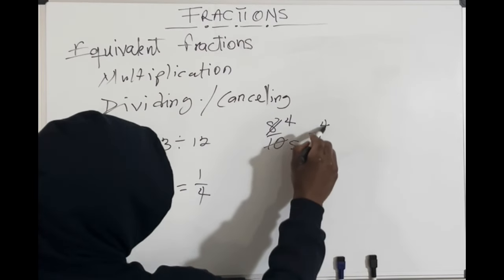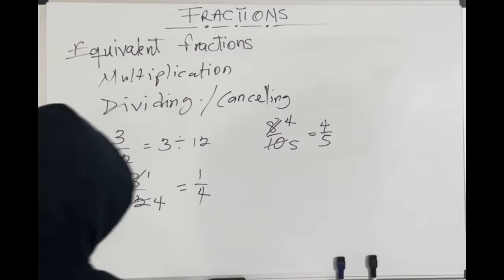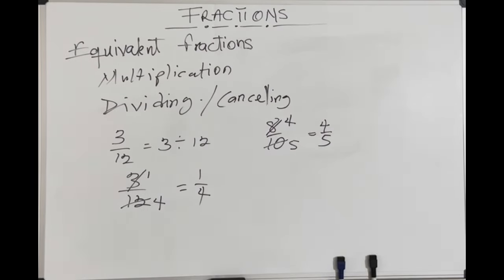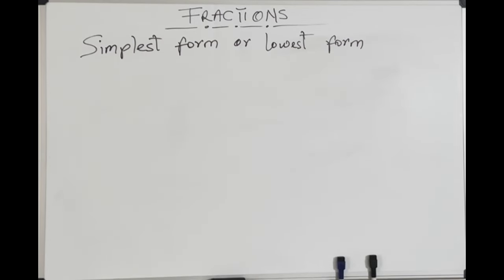We have 4/5. So division and the equivalent fraction can also work, and then it's called canceling. We are going to simplest form, or what is normally termed as lowest form. So canceling common factors is also called simplifying a fraction.